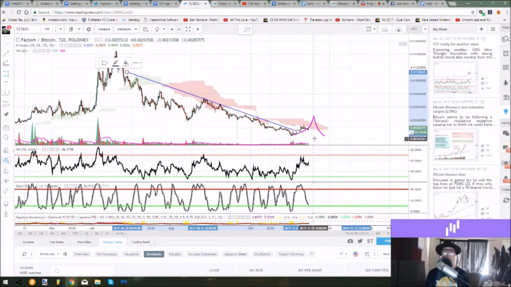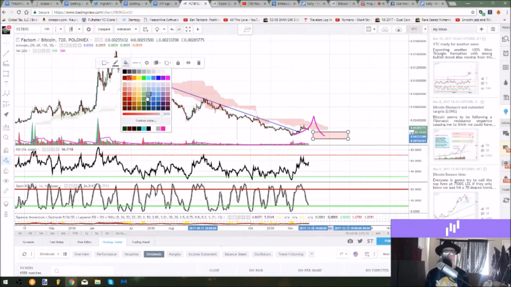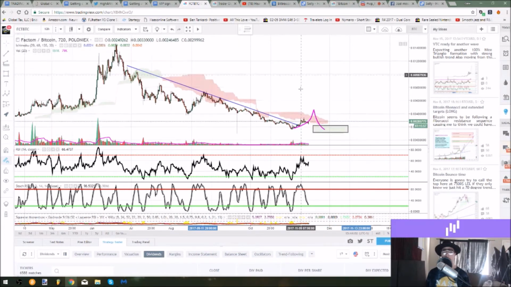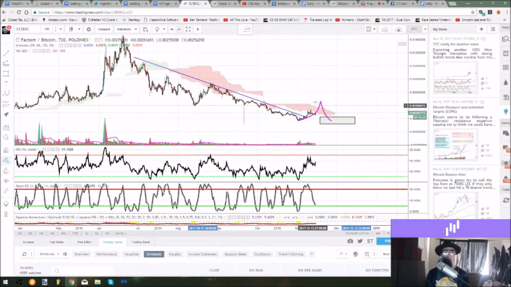I do post these trades sometimes 3 or 4 days before they fall into the buy zone, so that's why you want to aim for a low area in that buy zone. I give you guys plenty of time for the move to play out so you can get a good entry. So this should break out like this and then fall back into the buy zone, in which case you'll wait for it to start trending upwards.